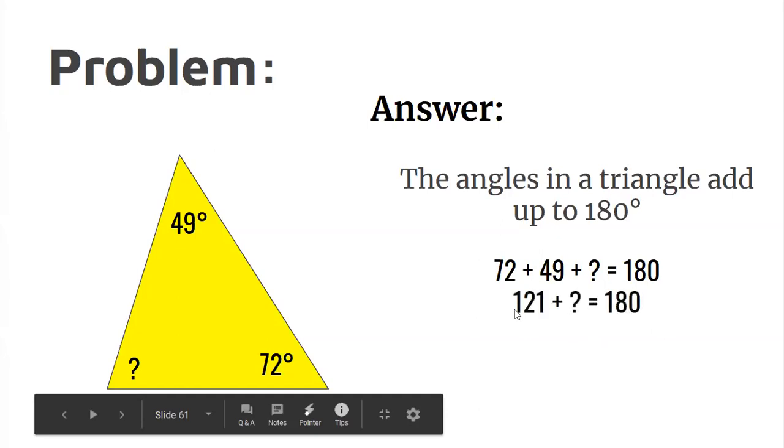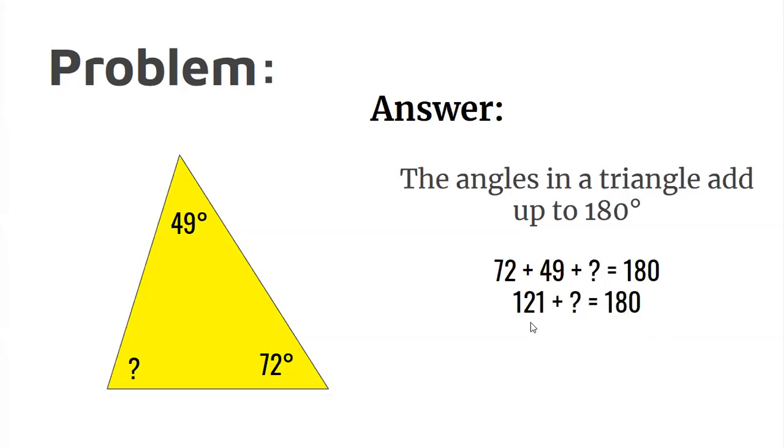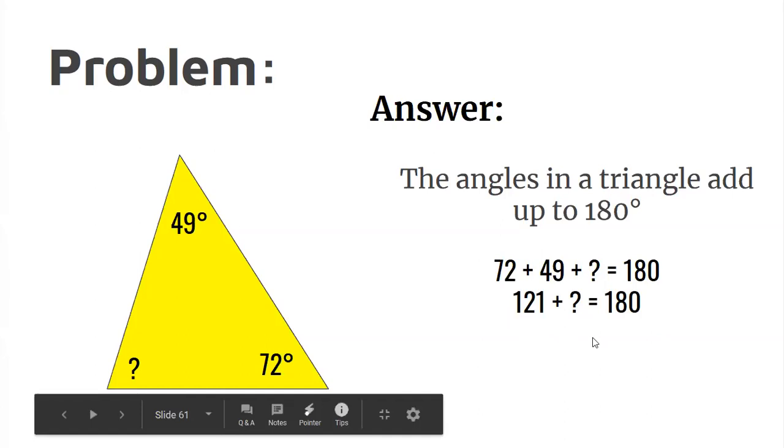Add up the numbers, 121 plus unknown angle equals 180 degrees. And then subtract 121 from both sides. And then you just get unknown angle equals 180 minus 121. And then you should get the unknown angle as 59 degrees.